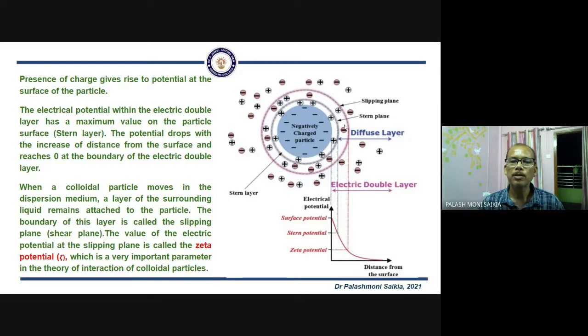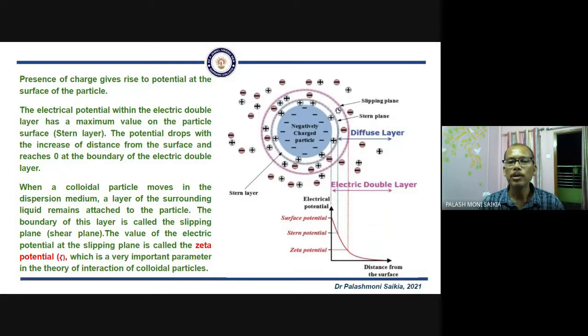So the whole sphere will move. We have the Stern layer, the blue-violet circle, and the slipping plane with the Stern layer, and the value of electric potential at the slipping plane is called the zeta potential.